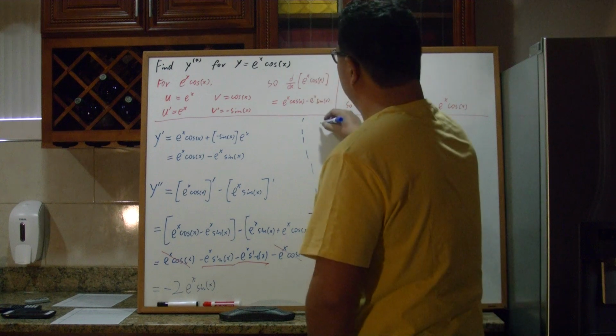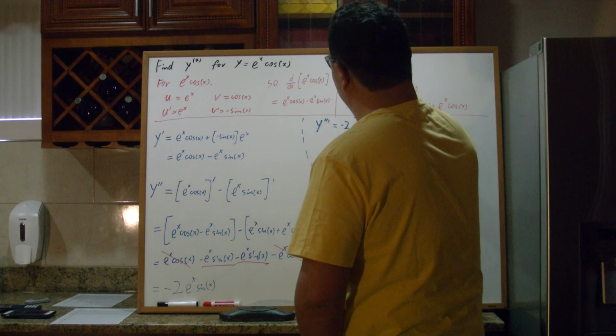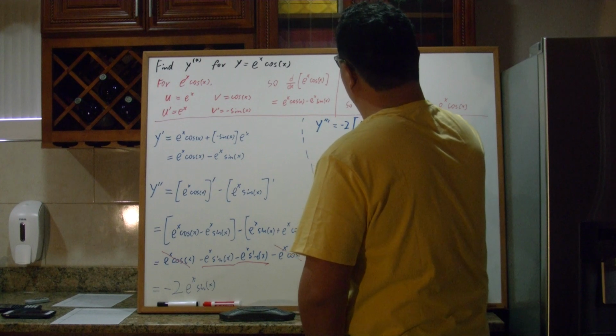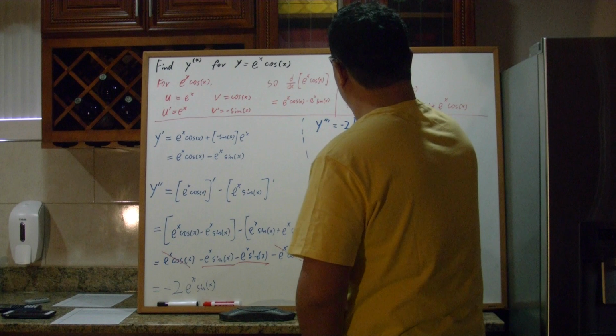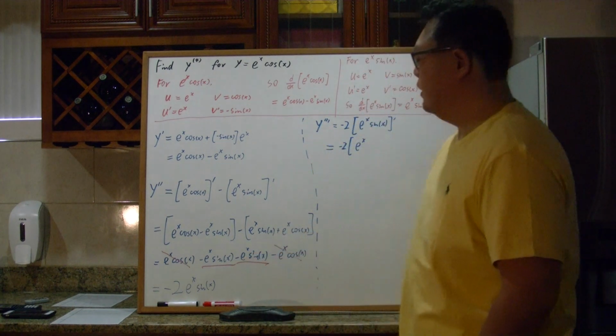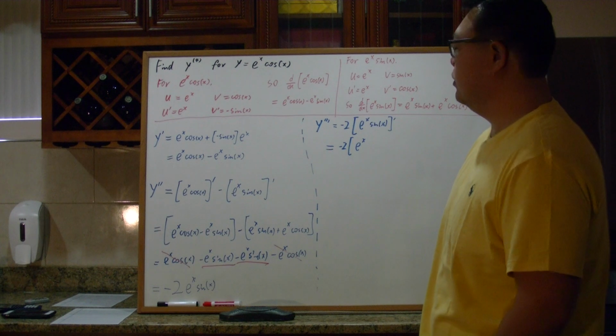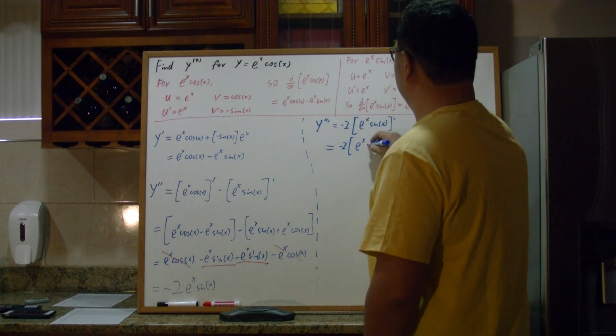As for the third derivative, that's negative 2 times the derivative of e to the x sine x. That's e to the x sine x left over from the second derivative, then negative 2 times the derivative of that.